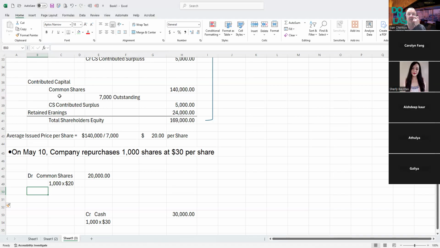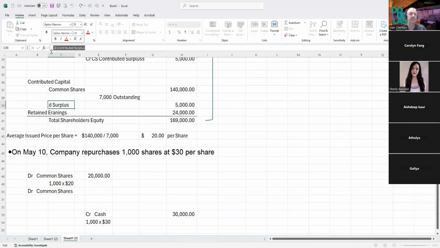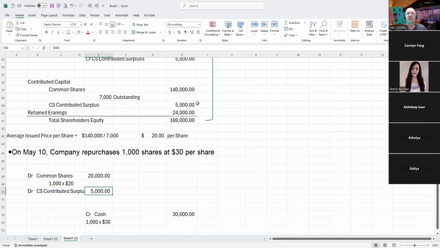So we're going to check the equity section and see: is there contributed surplus related to the shares we're purchasing back, which are common shares? And we see, yes, there's a contributed surplus. How much is that contributed surplus? $5,000. Let's use it. We're going to debit common shares contributed surplus, $5,000. Does that solve my problem?